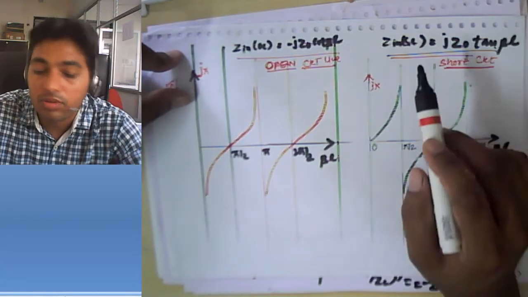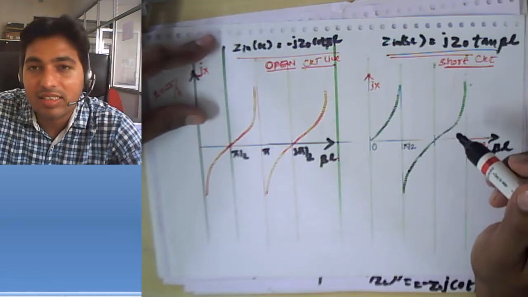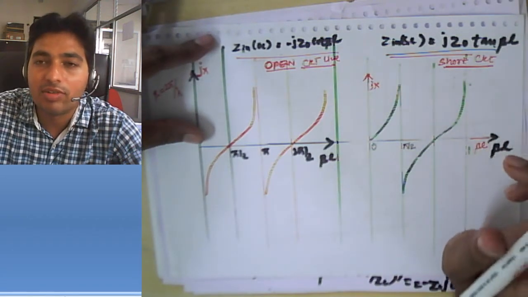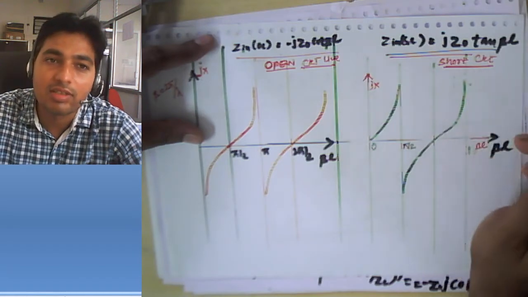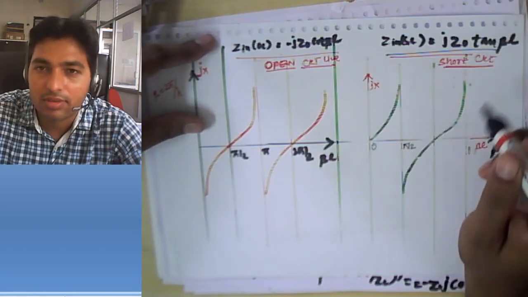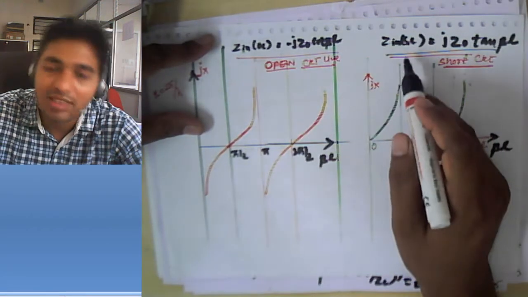This was for the open circuited transmission line. For the short circuited transmission line, let us take L equal to 0. It means sine 0 divided by cos 0. Sine 0 is 0 and cos 0 is 1, so the value will be 0. It will start from 0 and go up to infinity.